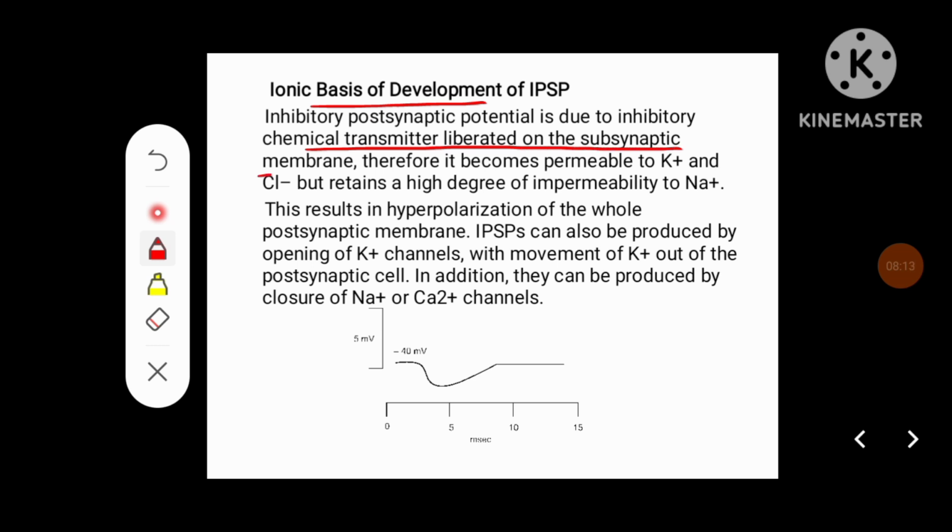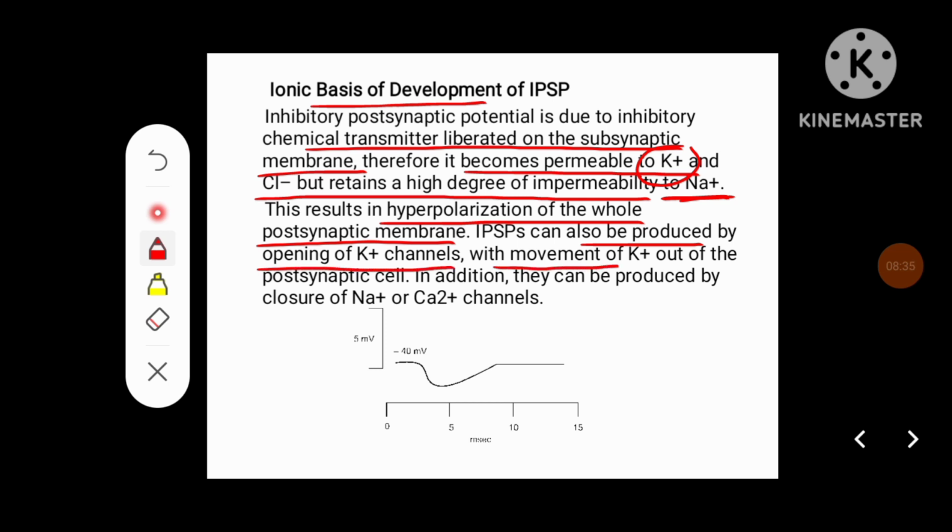the subsynaptic membrane. Therefore, the membrane becomes permeable to potassium and chloride, but retains a high degree of impermeability to sodium. This results in hyperpolarization of the whole postsynaptic membrane. IPSPs can also be produced by opening of potassium channels, with the movement of potassium out of the postsynaptic cell.